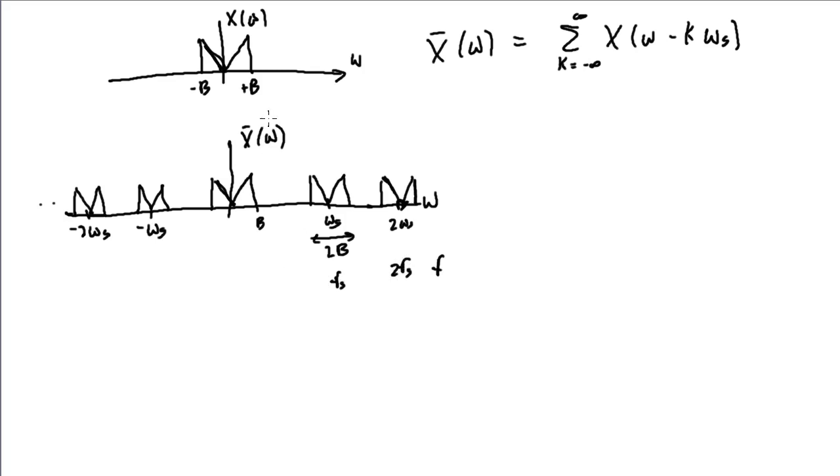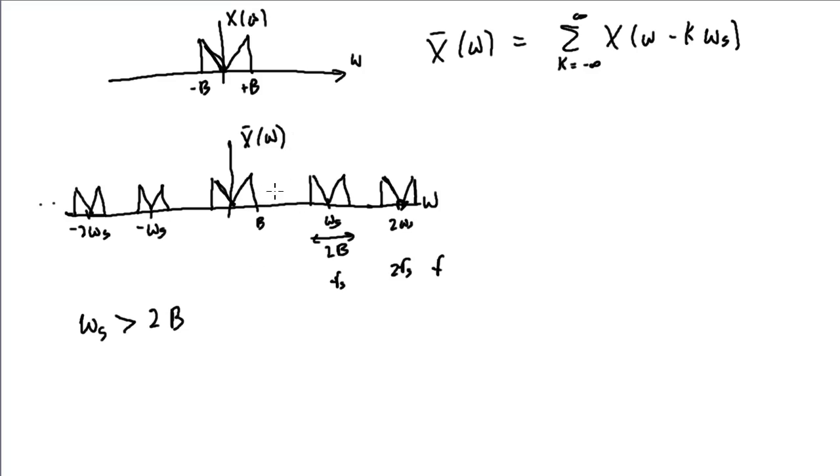Actually, I was going to use the bandwidth and call this, well, it's fine, I'll leave b in radians. But we can see here from the condition that as long as these replicas don't overlap, so as long as omega s is greater than 2 times b, where b is in radians per second, then there's no overlap between these replicas.